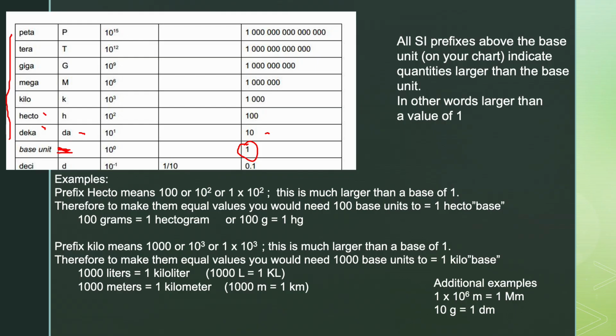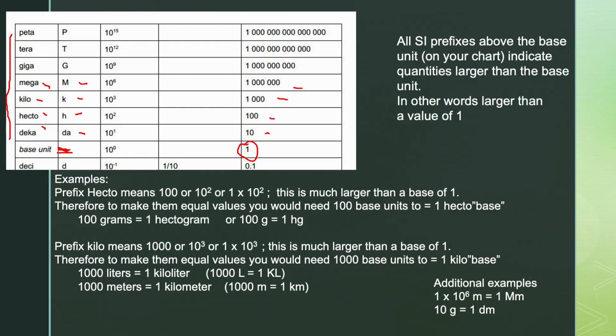You would have to know that hecto is abbreviated H and its value is 100. Kilo is K, its value is 1,000. Mega is capital M and it's 1,000,000. And once I hit mega, I start using scientific notation.